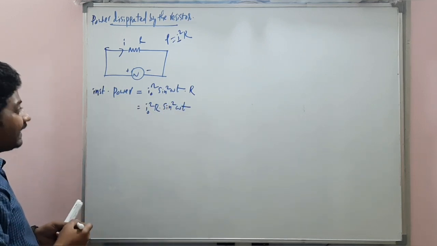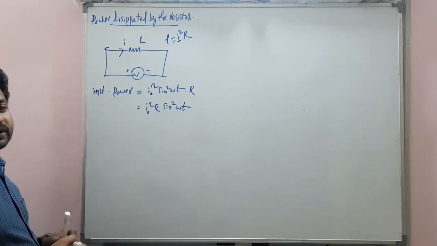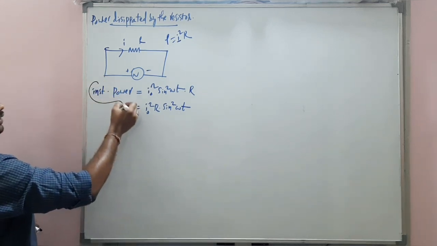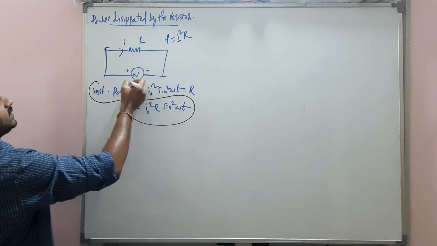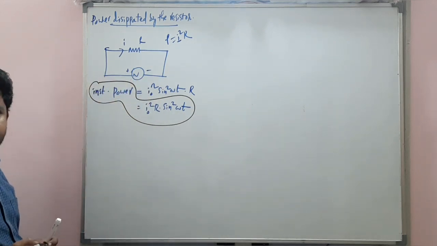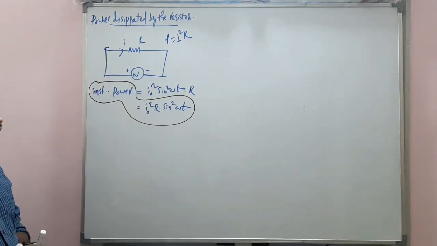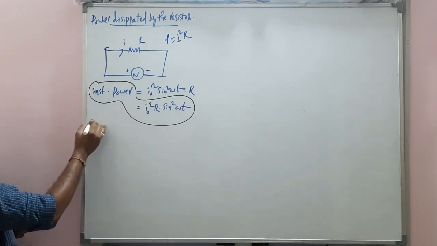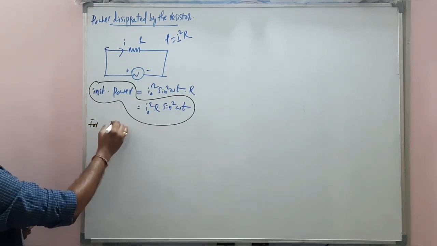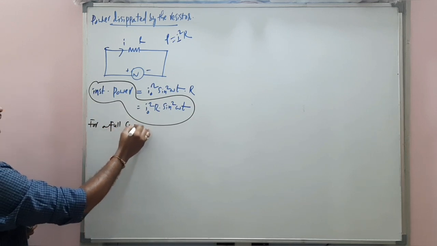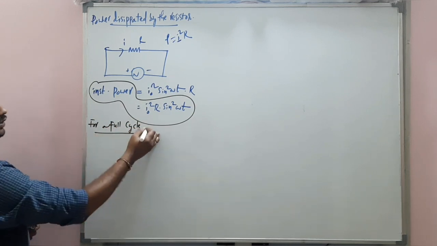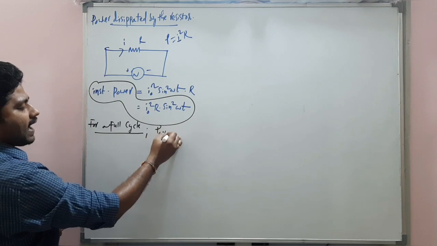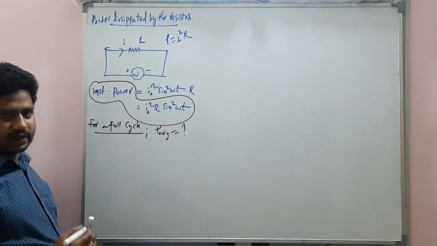That is the instantaneous power consumed in the circuit. Now for a full cycle, let's find the average power value, students.